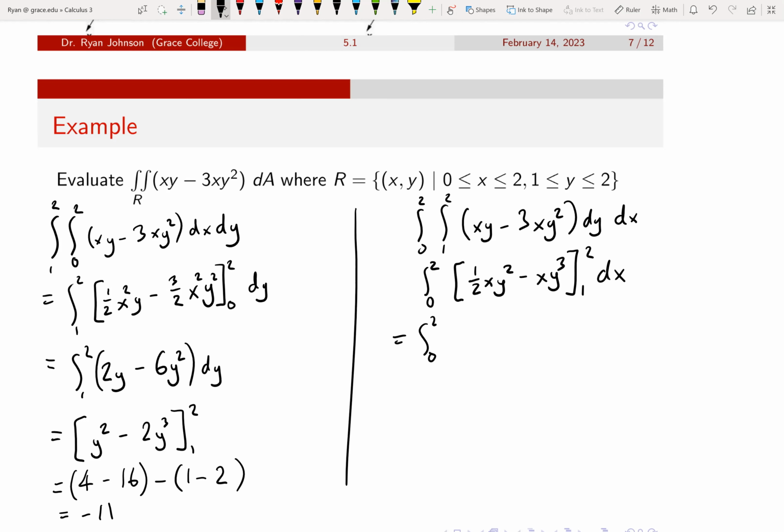That's the integral from 0 to 2 of plugging in 2 for y, which gives me 2 squared times 1/2 is 2x minus 8x, minus plugging in 1, which gives me 1/2 x minus x.